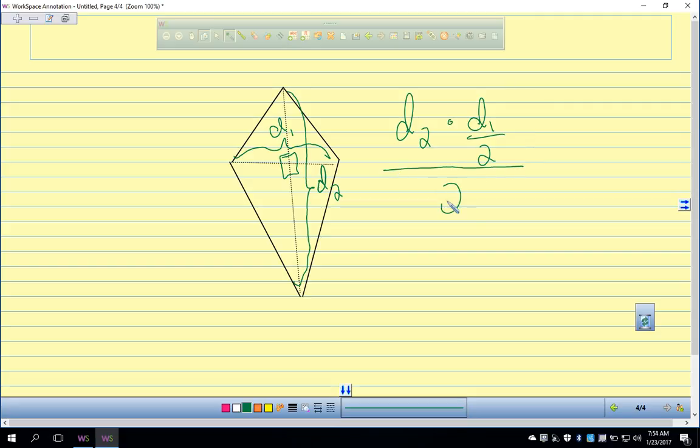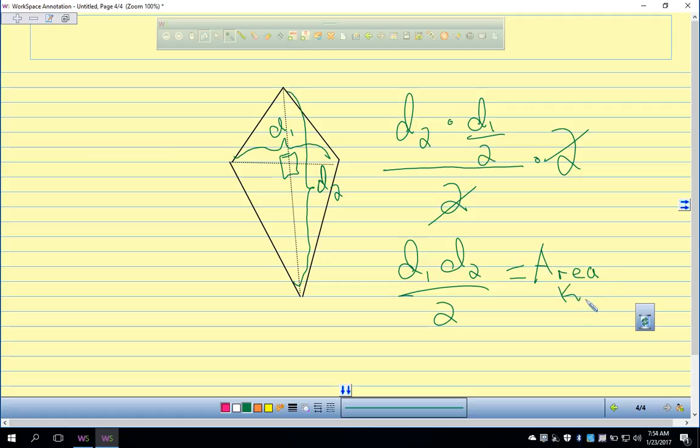Divide by 2. So that would be one piece, right? But how many of those triangles do I have in a kite? 2. So I'm going to multiply that by 2. And then this cancels with that, and I get this formula, D1 times D2 divided by 2. That's the formula for the area of a kite. All I have to do is multiply together the two diagonals and divide by 2, which is a pretty easy way to do it, right?